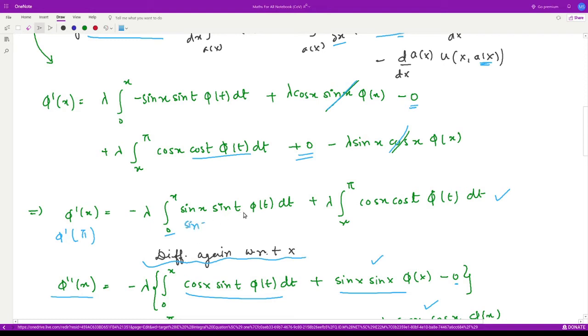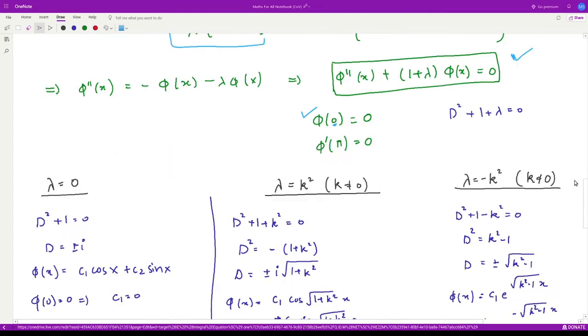Sine pi is 0, so this whole term is 0. Moreover, here we are taking integration from x to pi, so it will become integration from pi to pi, and that would also be 0. So this term is 0. Phi dash of pi, that is 0. So we have the boundary conditions with us.